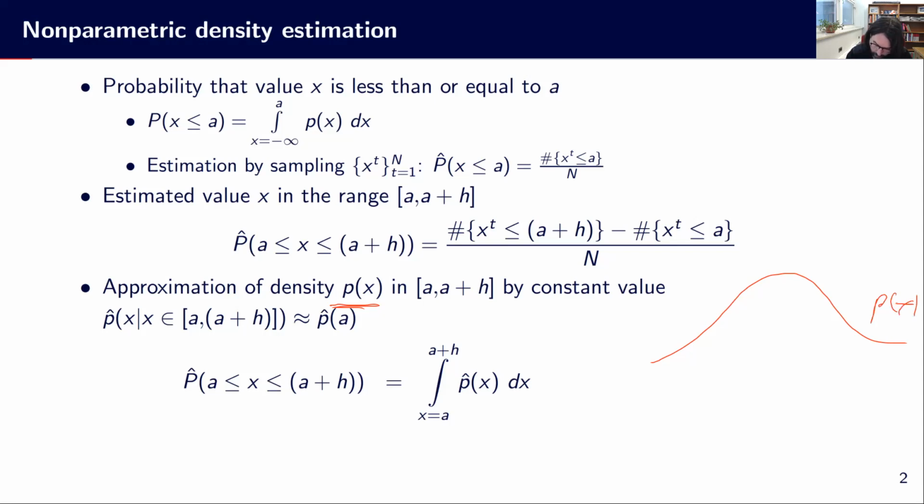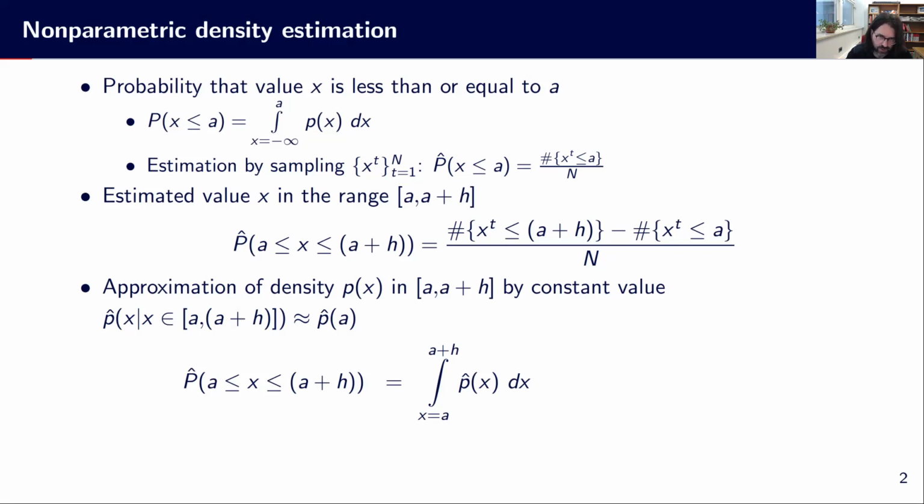We know here that the real p(x) is varying, but we will just say, let's use a flat estimation, a constant. In that interval, the value is fixed. This is an approximation, but assuming that the interval is not that large, that approximation is relatively accurate, given that the range is not too big, and so the variation of p(x) in that range is not that important.